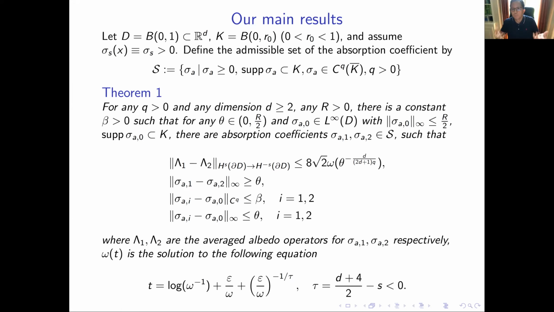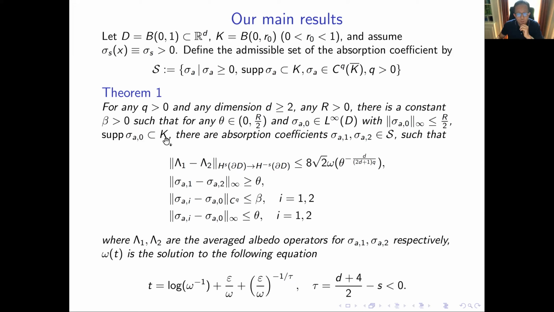The smaller the Q, the wider the absorption can be, the larger the space is. So we're talking about a mismatch of two spaces. This is the space where our unknown lives. The main thing is it has compact support inside and also has this regularity.